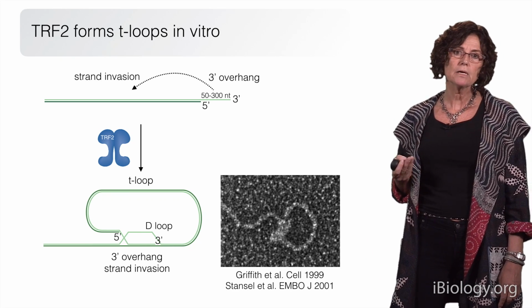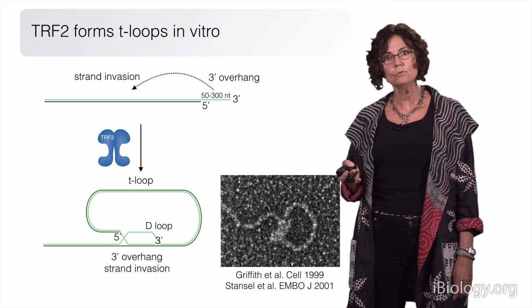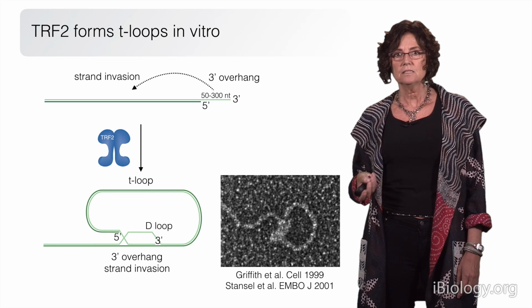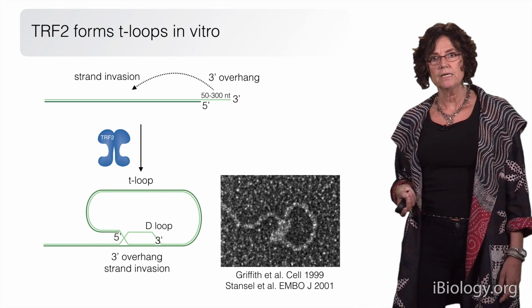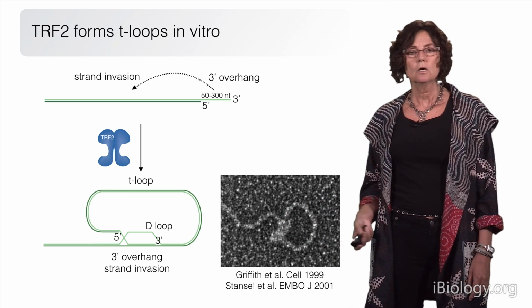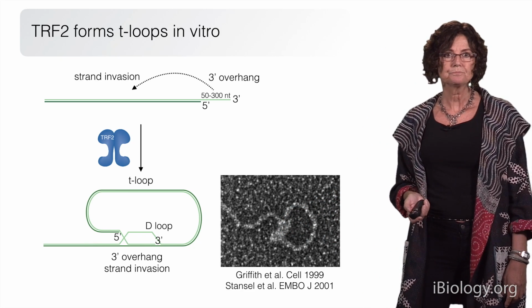So we incubated baculovirus-derived TRF2 with substrates that looked like telomeric DNA and then examined the product by EM, and as you can see here, there are little loops with TRF2 accumulated at the base.